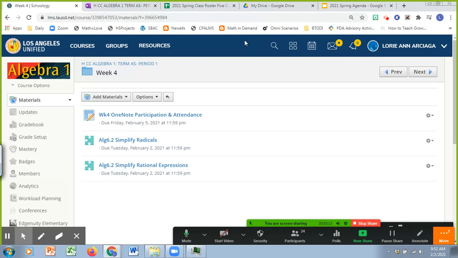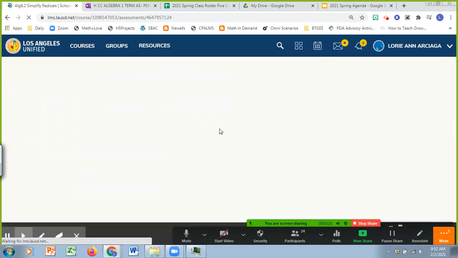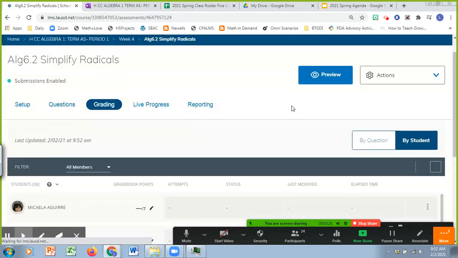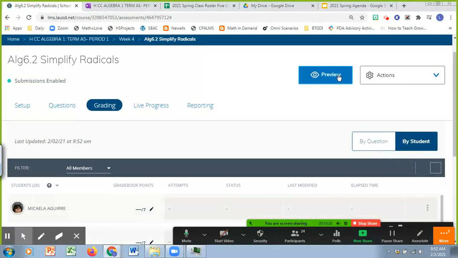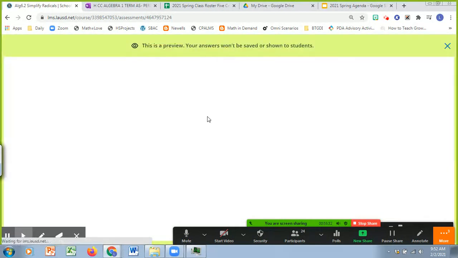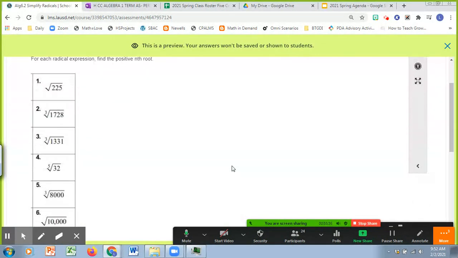I need help. I'm still confused on simplifying radicals. Okay, so on the first one, Brian, right? Okay, hang on. Let me open that here so I can show you. Okay, which one? Which number?